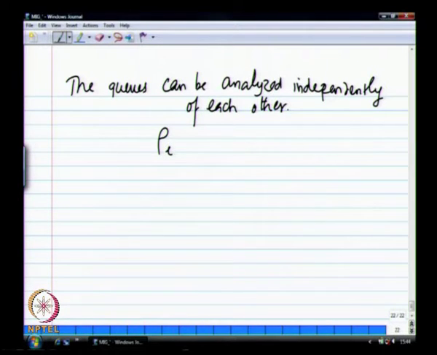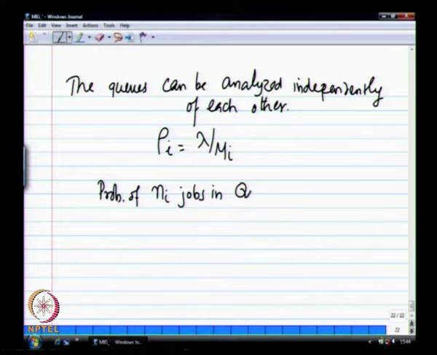So if I define rho i as lambda by mu i, the probability of n i jobs in Q i is the same thing, rho to the n into 1 minus rho i, and we will assume that this is less than 1.